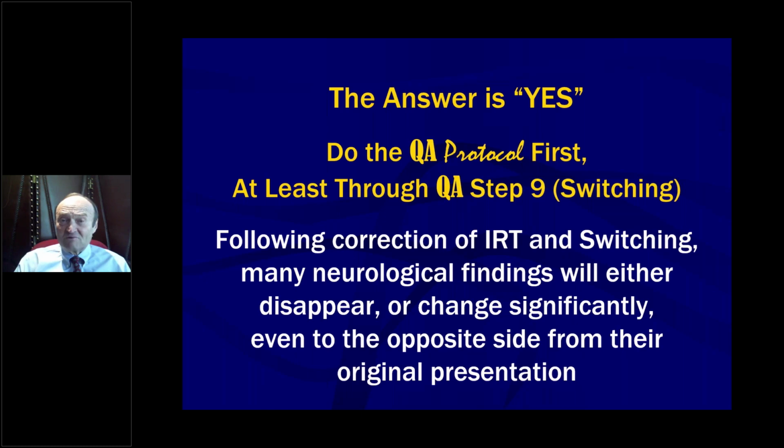otherwise chiropractic neurology presentations. There are built-in safety valves in the QA protocol, especially when you add beyond IRT to that original QA protocol, to protect against doing any damage with any techniques that you might otherwise consider could happen in neurological imbalances of areas of transneural degeneration and so on.